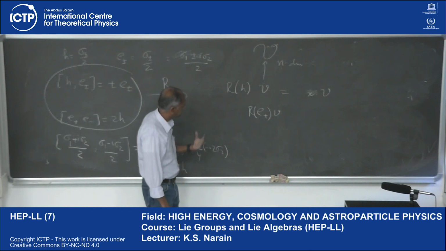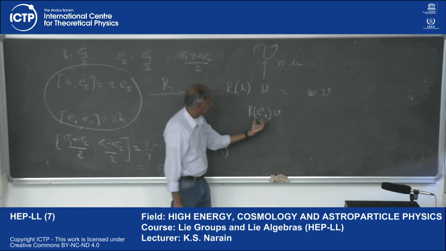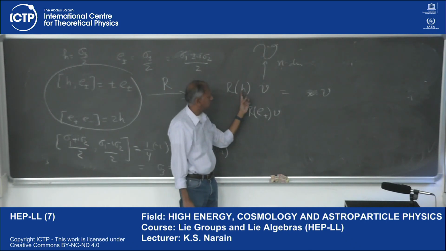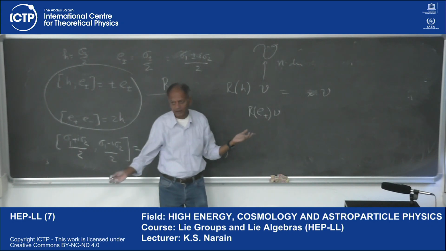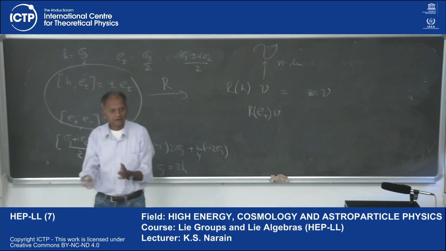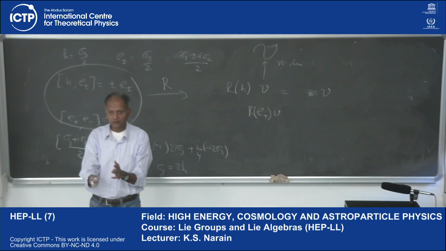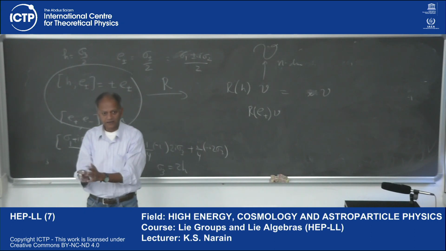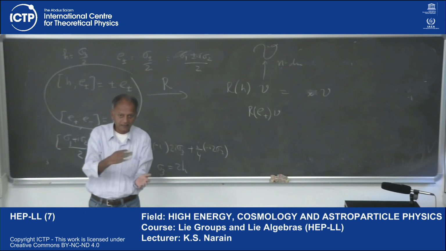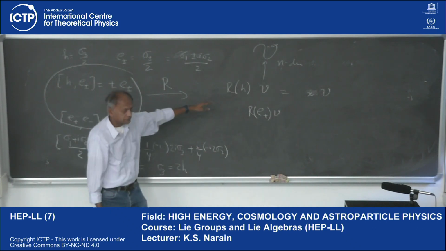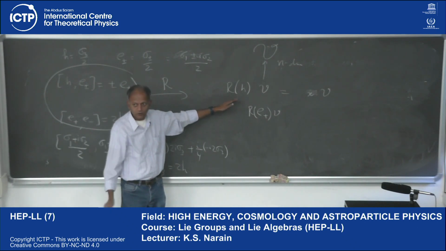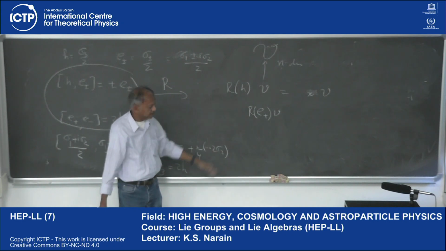Now the next question you want to ask is, does it happen to be again an eigenfunction of RH or not? In general, if you start with an eigenfunction of a matrix, and then you multiply it with some other matrix, it need not be again an eigenfunction of R of H. A priori there's no reason for that.